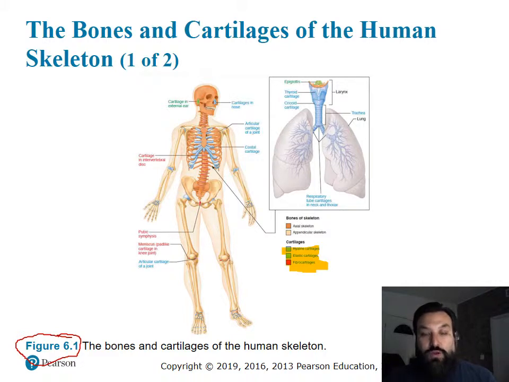These colors represent the three different types of cartilage. I believe it's indicated with a blue color, a green color, and somewhat of a red color on the figure itself. And you can see these places where you find hyaline cartilage, elastic cartilage, and fiber cartilage.